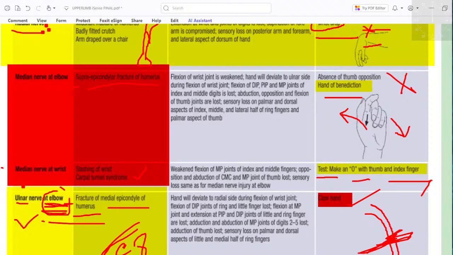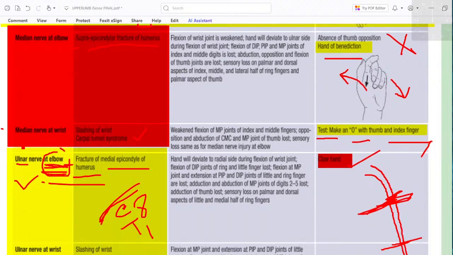So yes, absence of the thumb opposition and hand abduction. And if the median nerve is damaged at the wrist, then it is carpal tunnel disease.